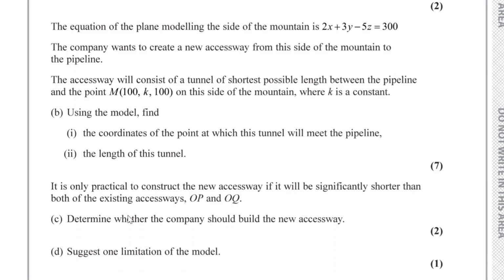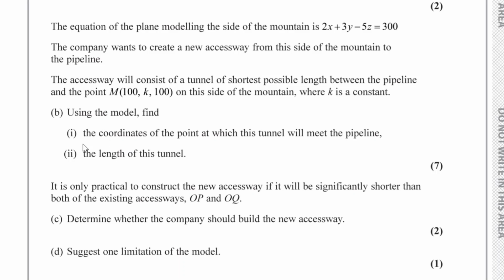For part B, the equation of the plane modelling the side of the mountain is 2x plus 3y minus 5z equals 300. The company wants to create a new access way from this side of the mountain to the pipeline. The access way will consist of a tunnel of shortest possible length between the pipeline and the point M with coordinates 100, k, 100 on this side of the mountain, where k is a constant.